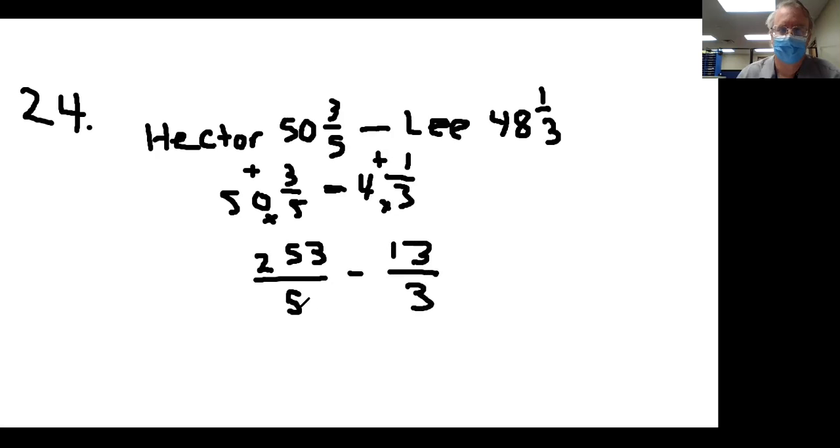We still can't subtract them because they're unlike denominators.